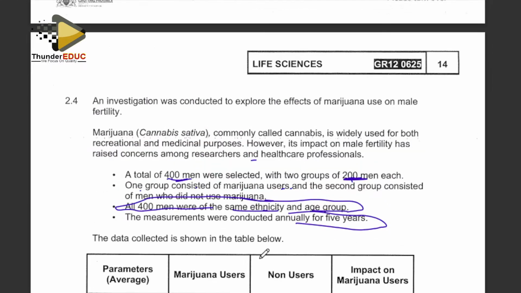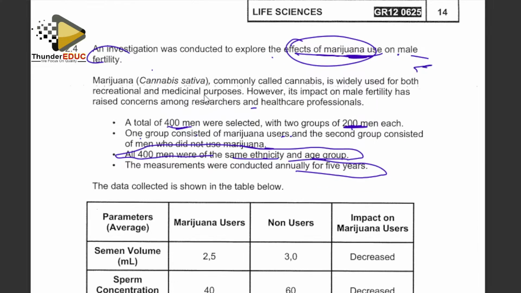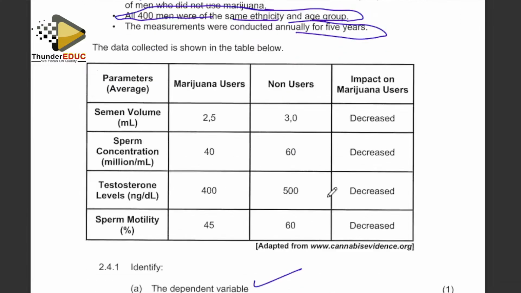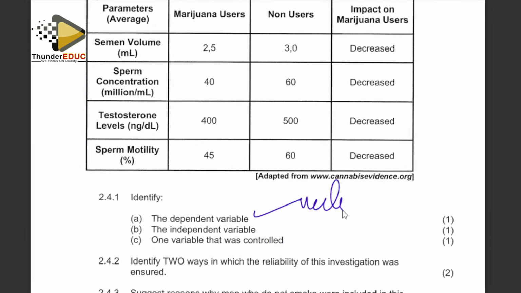So I told you that you go back and read. An investigation was conducted to explore the effect of marijuana use on male fertility. Meaning that male fertility will depend on the use of marijuana. Meaning that the dependent variable here is male fertility.